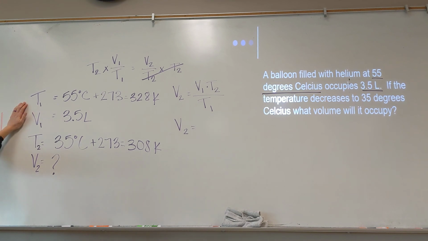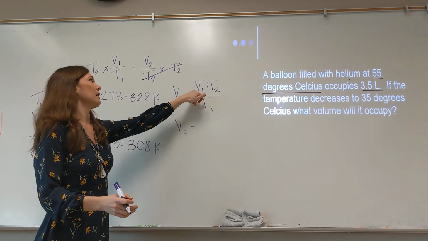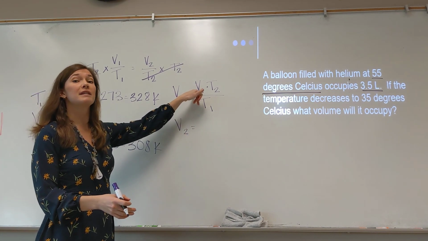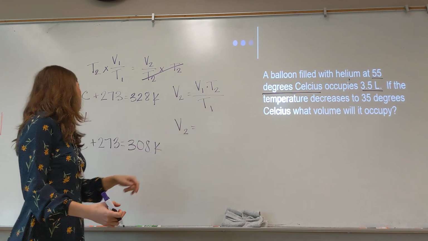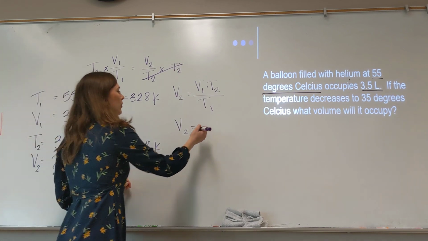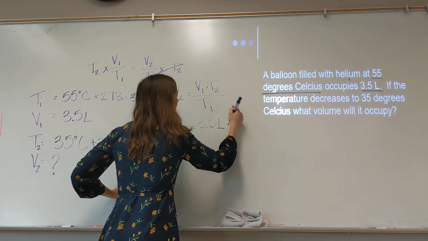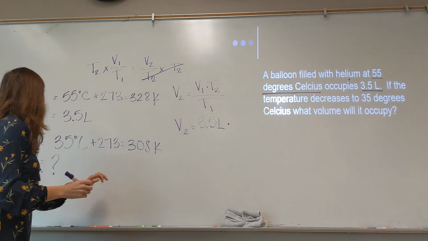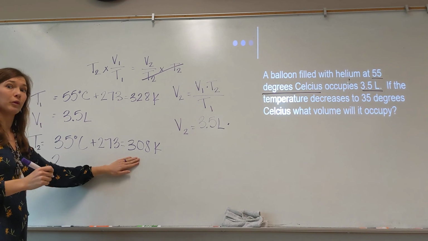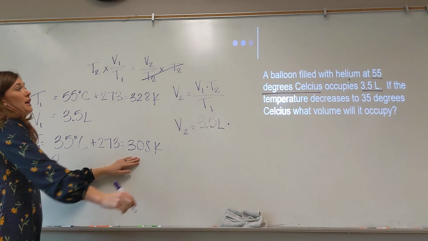This is one place where I see people mess up the most often. I'm going to plug in my V1. V1 is the only volume we have right now. So I'm going to plug in my 3.5 liters. But then T2. Make sure you are plugging in T2. It's written on top.